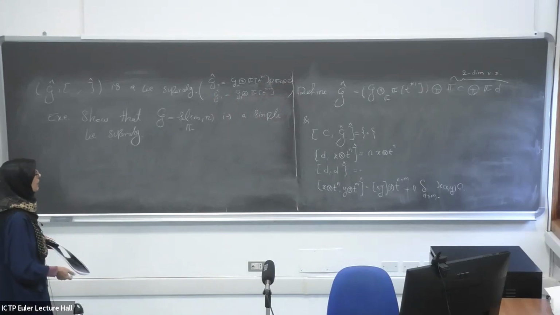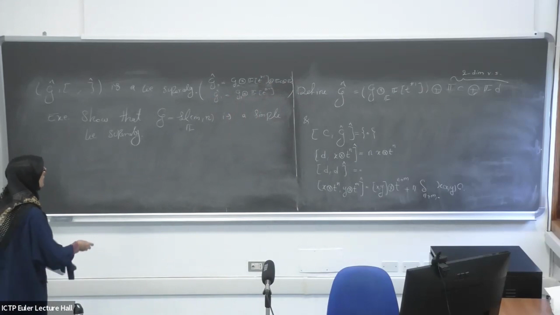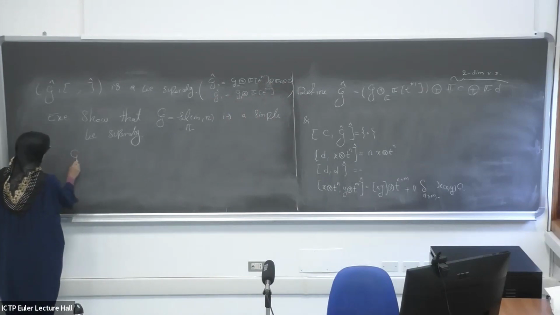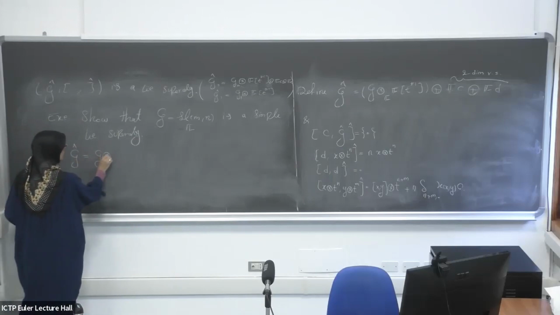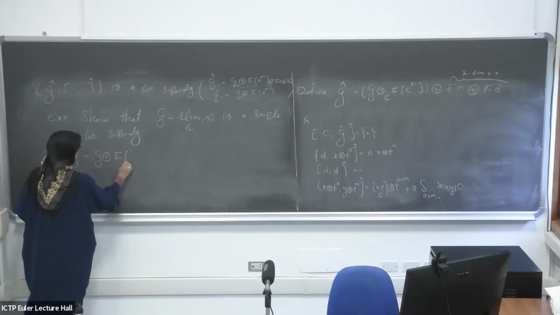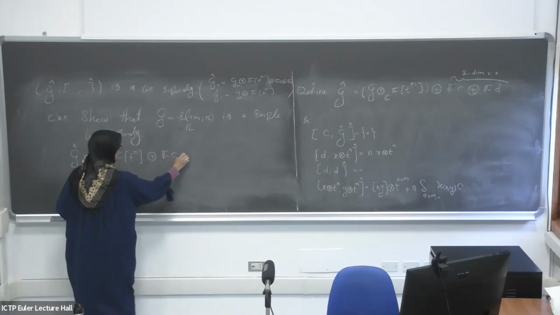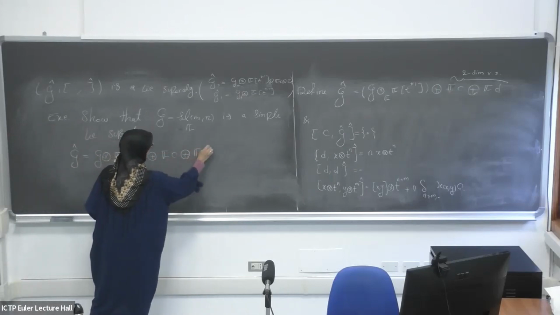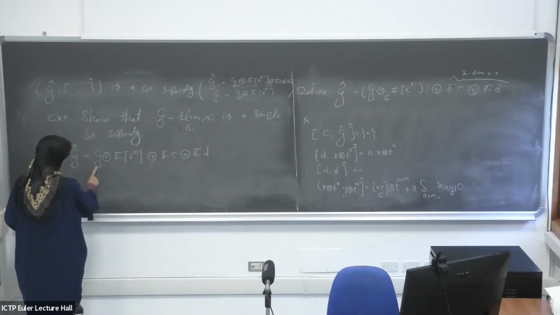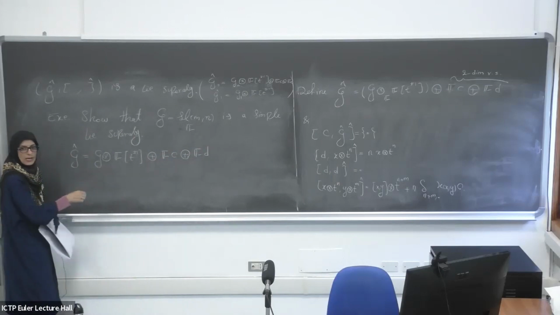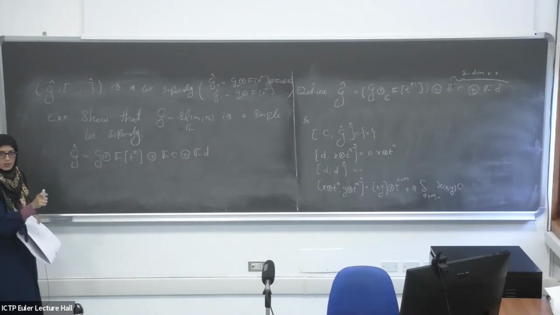Okay, let's look at G hat. We have G hat, which is G tensor FT plus minus 1, direct sum FC, direct sum FD. But besides that, G has a weight space decomposition.